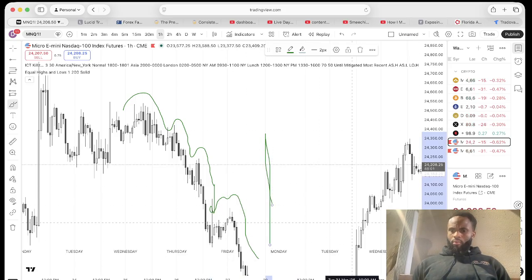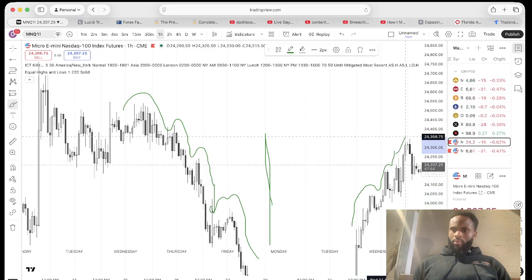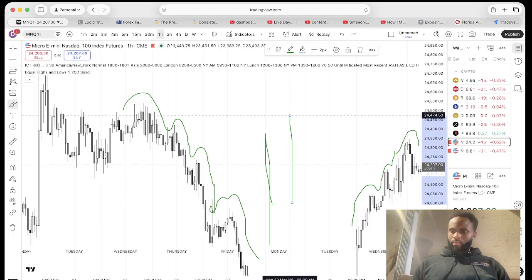Swing, swing, swing, swing. So these are pretty much swing highs.